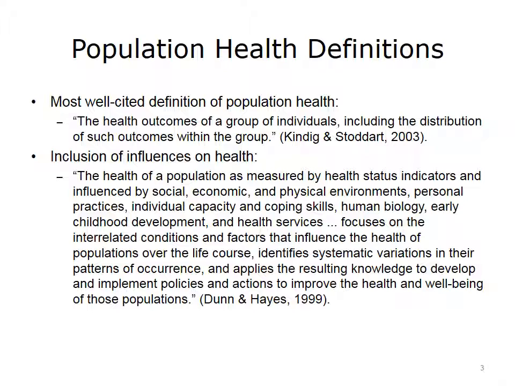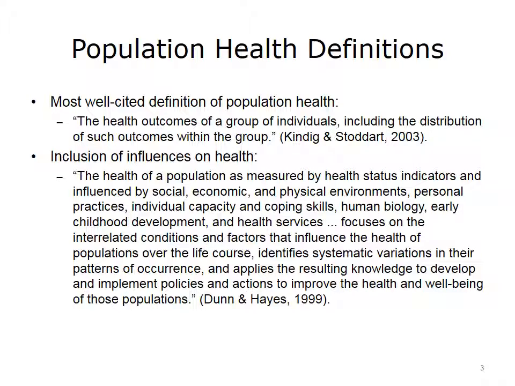Quote, "The health of a population, as measured by health status indicators and influenced by social, economic, and physical environments, personal practices, individual capacity and coping skills, human biology, early childhood development, and health services, focuses on the interrelated conditions and factors that influence the health of populations over the life course, identifies systematic variations in their patterns of occurrence, and applies the resulting knowledge to develop and implement policies and actions to improve the health and well-being of those populations." End quote.